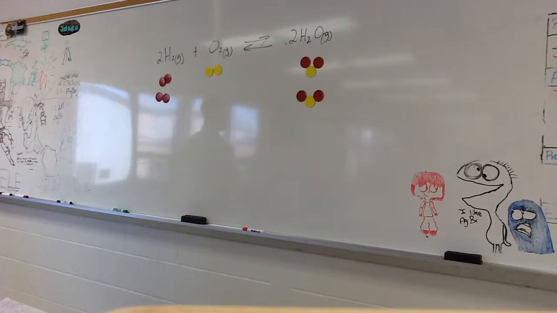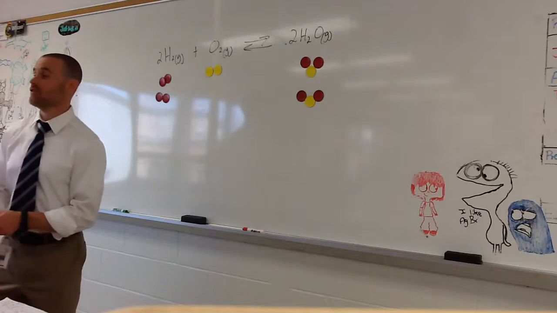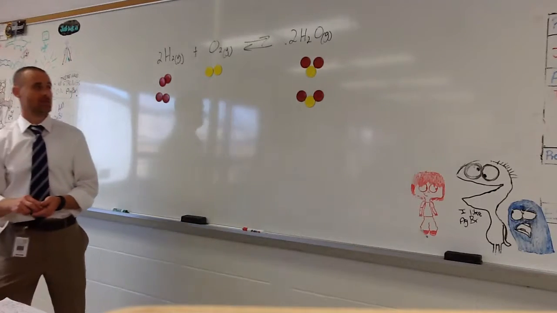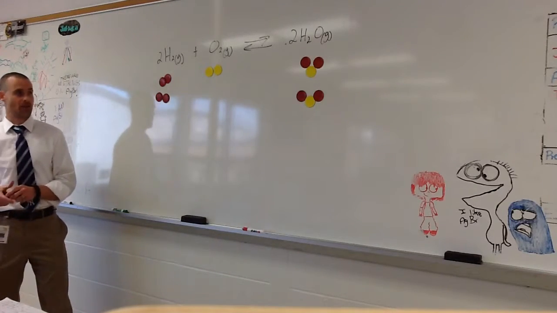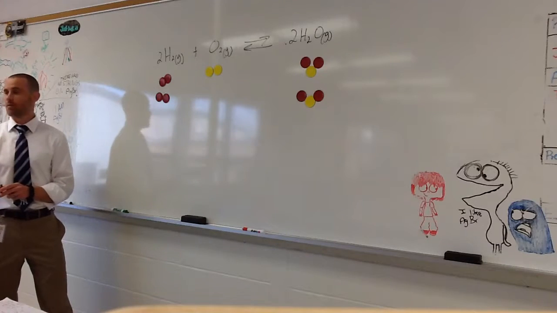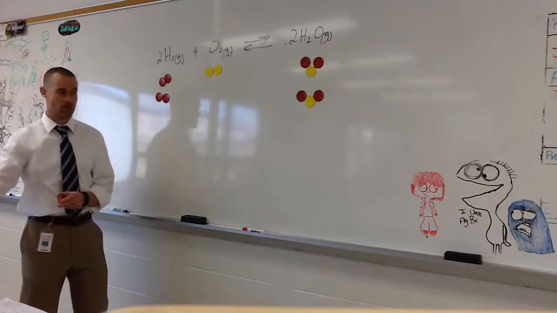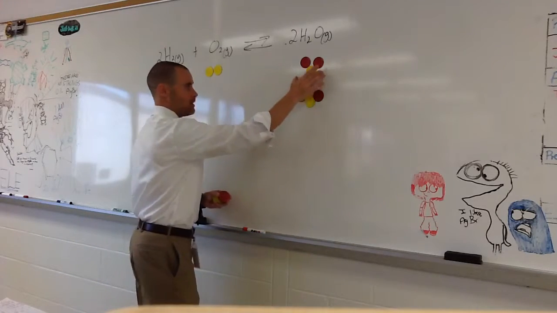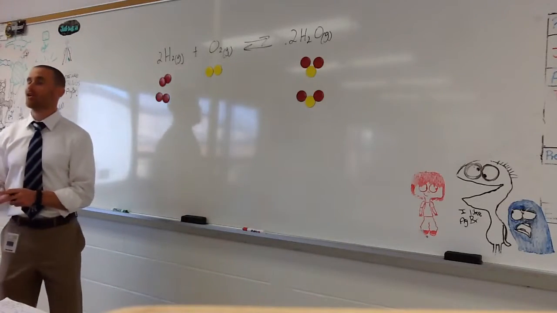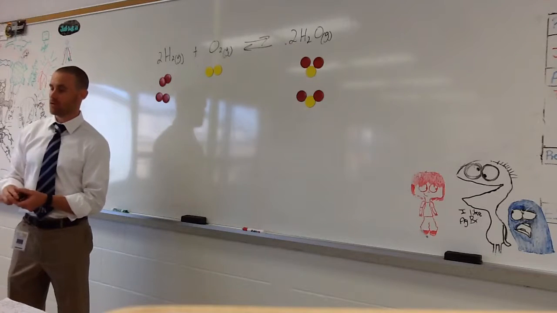No, 3 is bigger than 2. We agree. So at equilibrium, this is very important. Clear your mind of any other stuff you're thinking about. At equilibrium, the amount of reactants, aka the moles, and the amount of products are not necessarily equal.